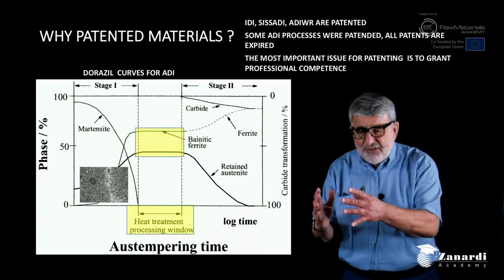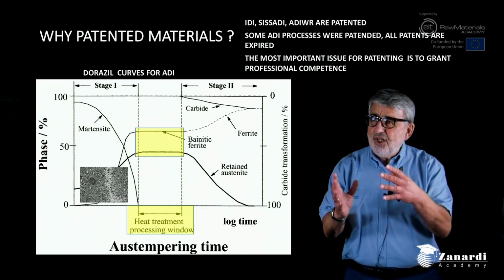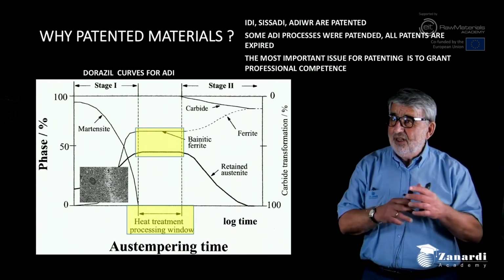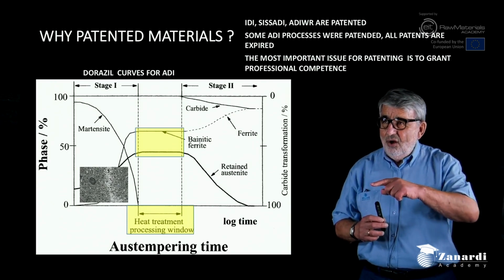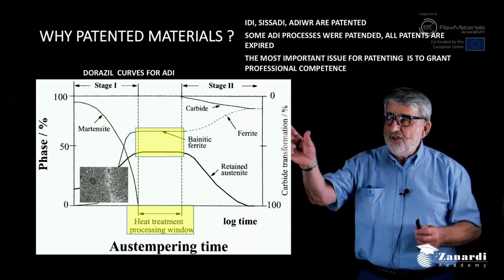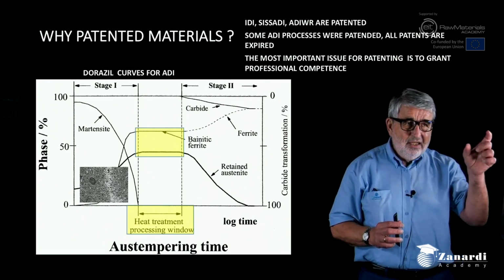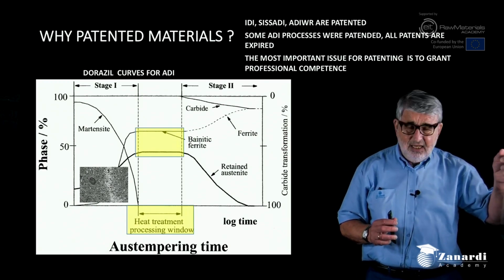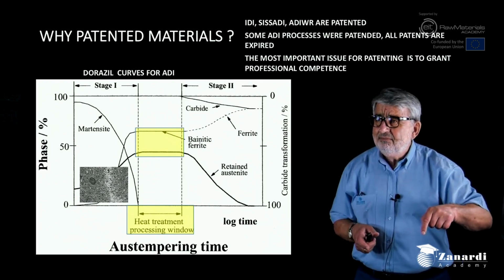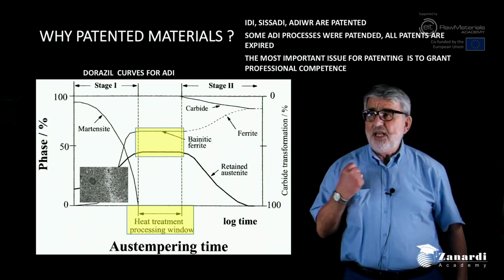And if we leave time for the largest section to reach the austenite stability, the thinnest section can pass from the so-called stage 1 to the so-called stage 2, where the supersaturated austenite converts itself into carbides that are more dangerous, even more dangerous than unstable austenite.